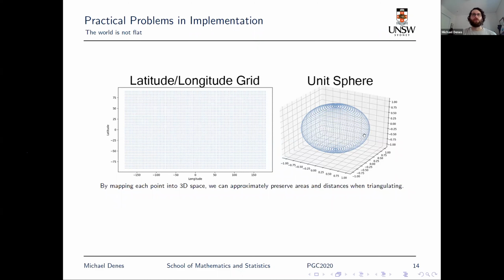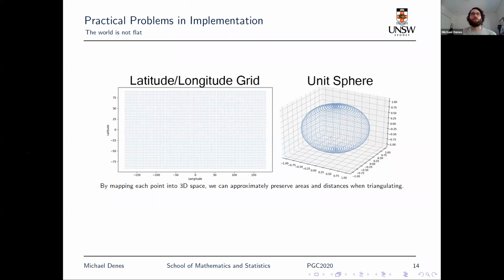Before we were computing a triangulation in 2 dimensions, now we compute a triangulation in 3 dimensions. That then adds a new issue of triangles being computed through the sphere.